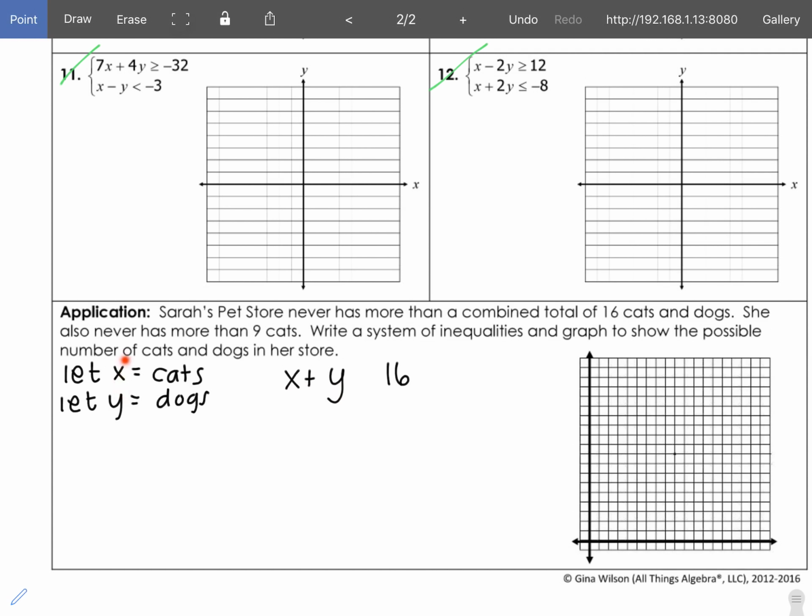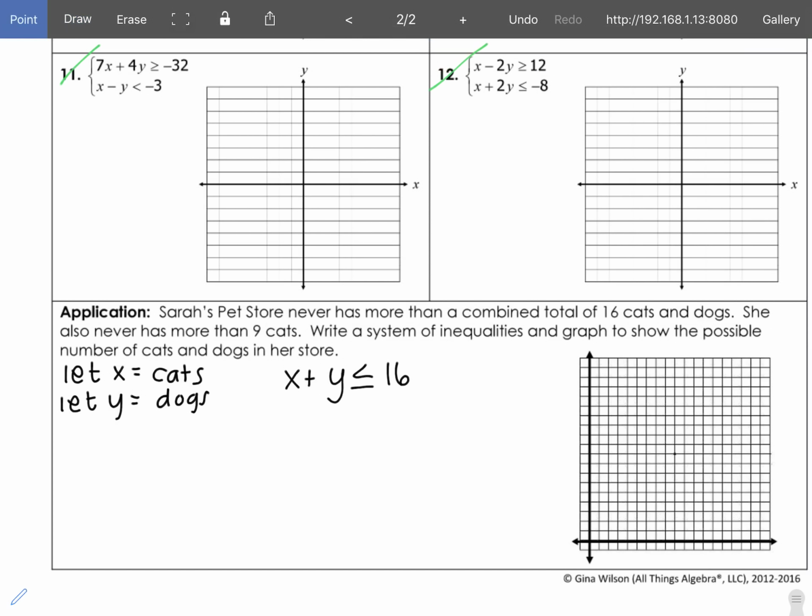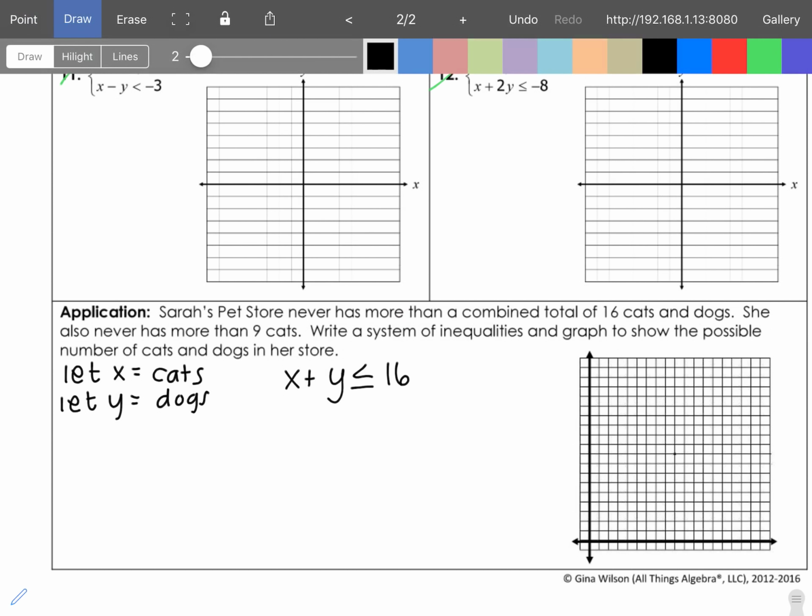X plus y, cats plus dogs, is never more than 16. So if it's never more than, that means it's always going to be less than or equal to, right? So it could be equal to 16, it could be less than 16, but it's never going to be more than 16.